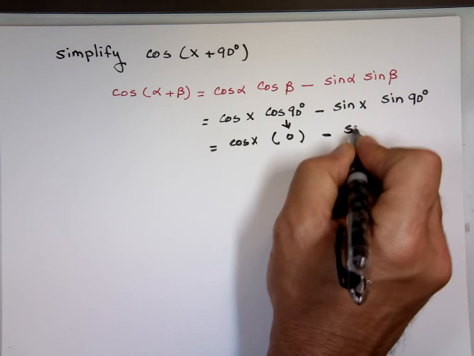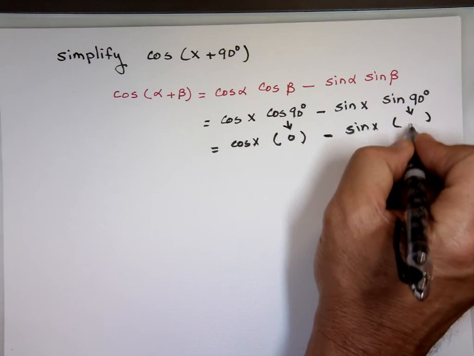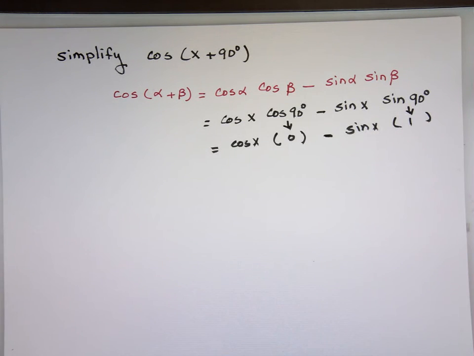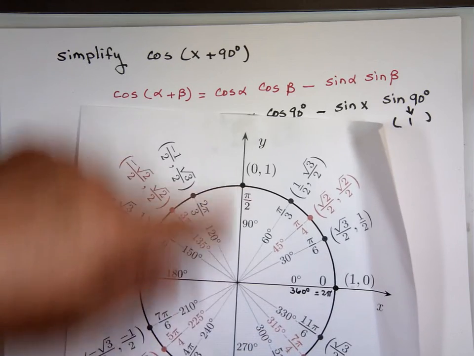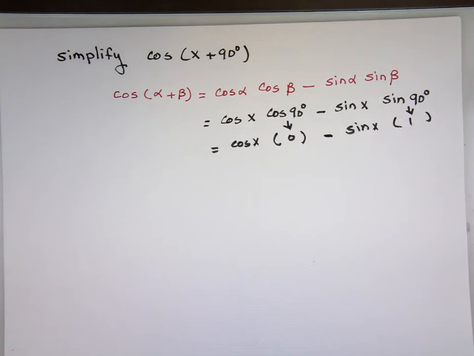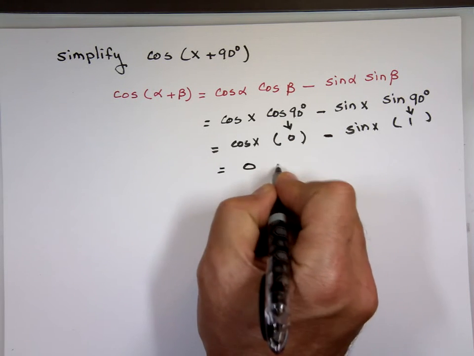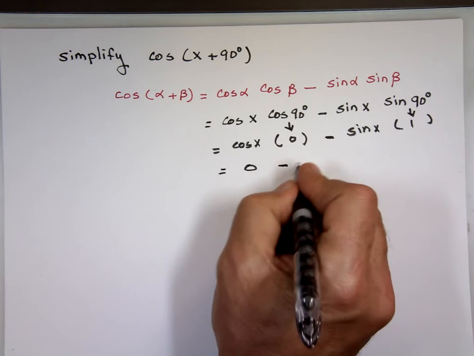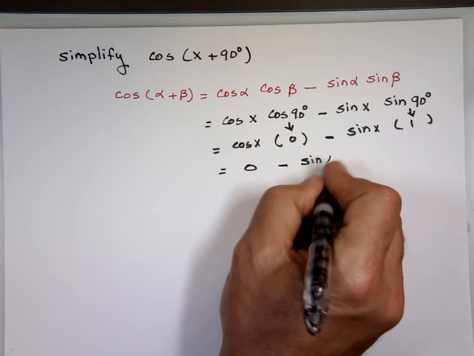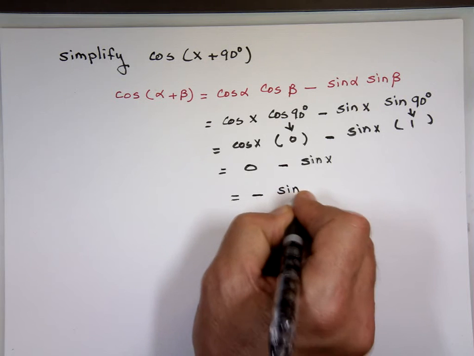Sine of x times the sine of 90, which is 1. From the unit circle, from here. 0 times anything is what? 0. Sine of x times 1, sine of x, so you can rewrite that negative sine of x.